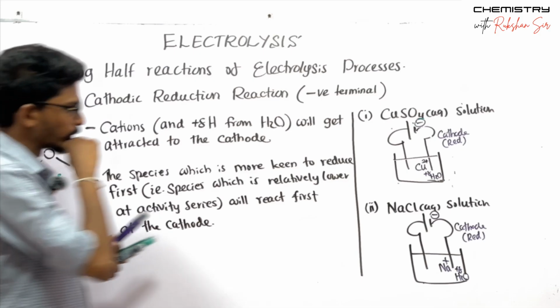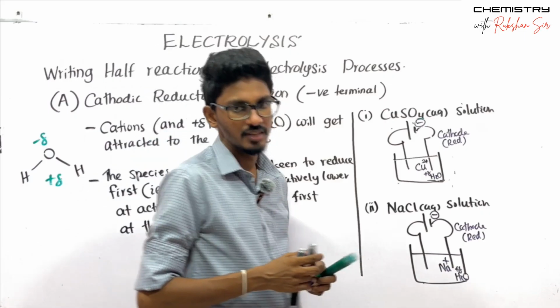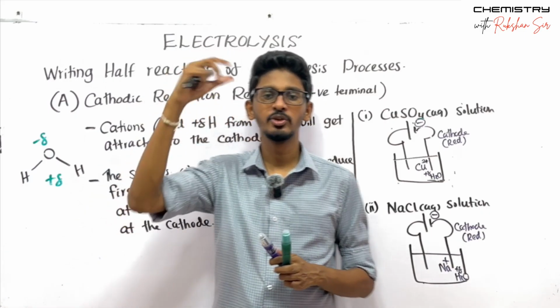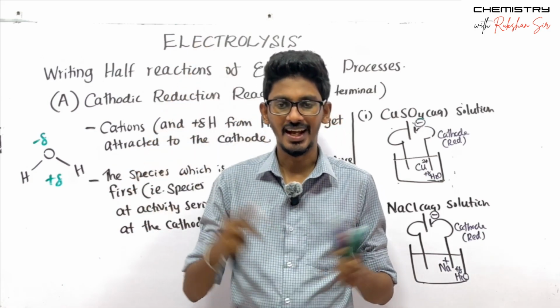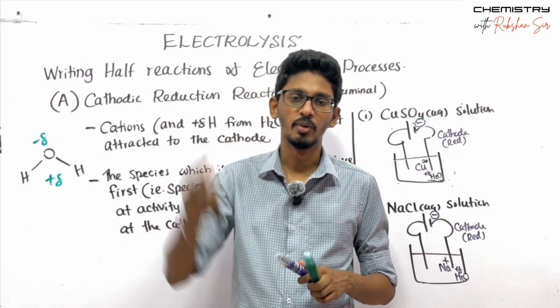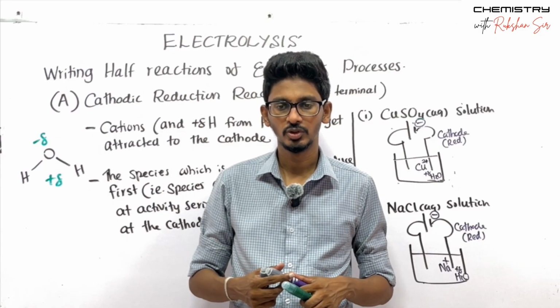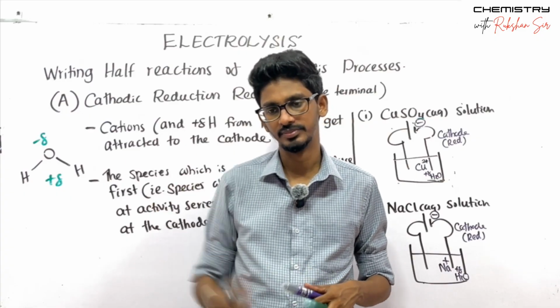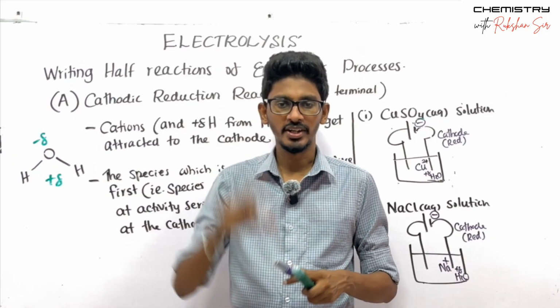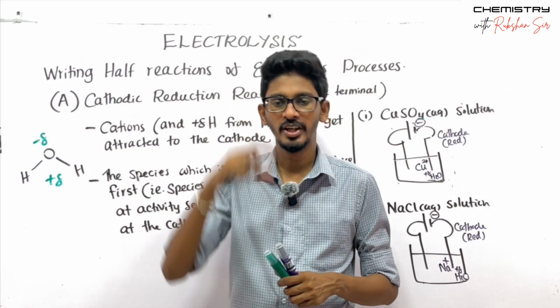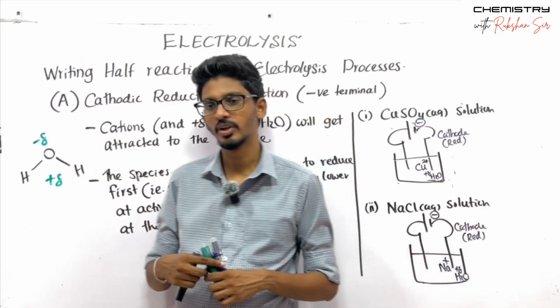So we know about the activity series. When it comes to the activity series, the top guys are more keen to get oxidized, active metals. The bottom guys are more keen to get reduced, normally inert metals at the bottom. So according to the activity series, you can think of which guys are more keen to get oxidized and which guys are more keen to get reduced.